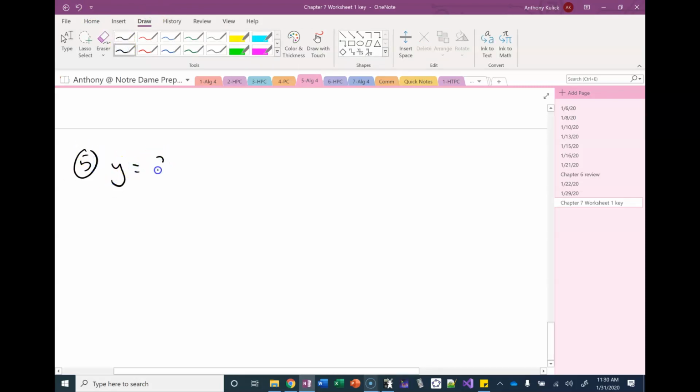So 5 is y equals 2 times the cube root of x minus 2, plus 3. So we'll start by identifying our values for a, for h, and for k. You good there?